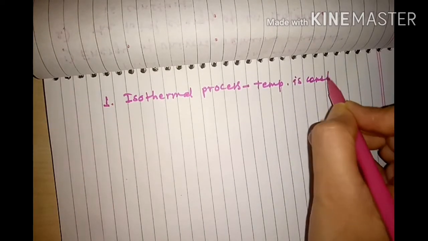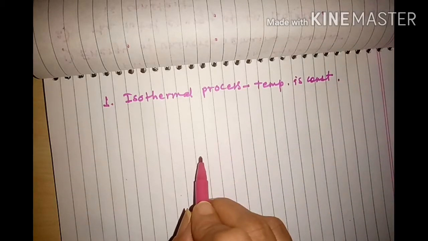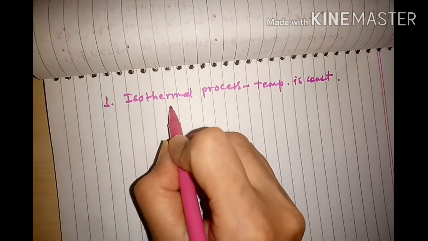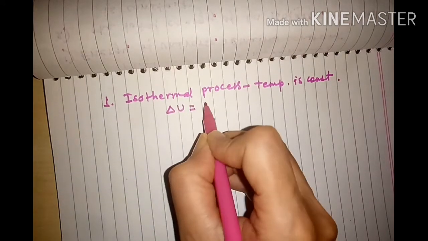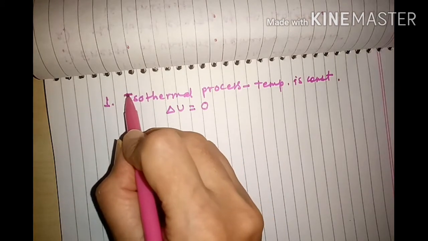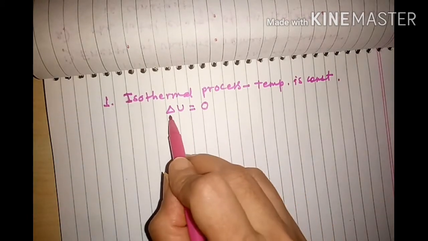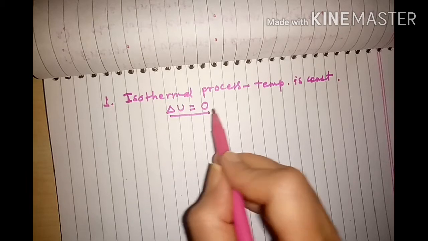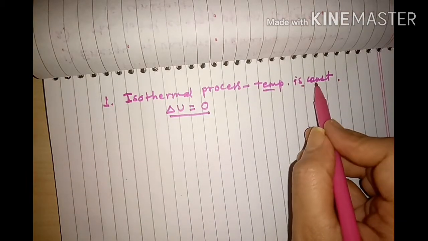In such a process, internal energy is also constant, so delta U will be equal to 0. This is because you are keeping the temperature of the system constant.